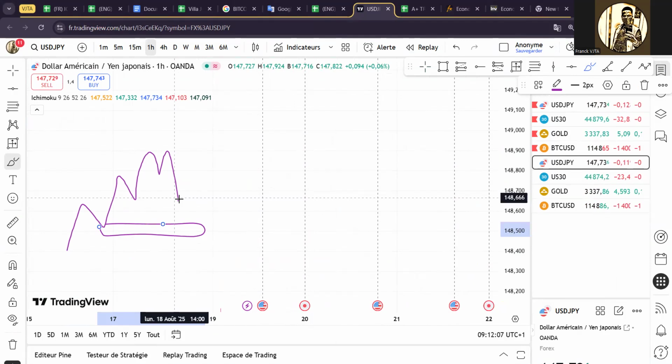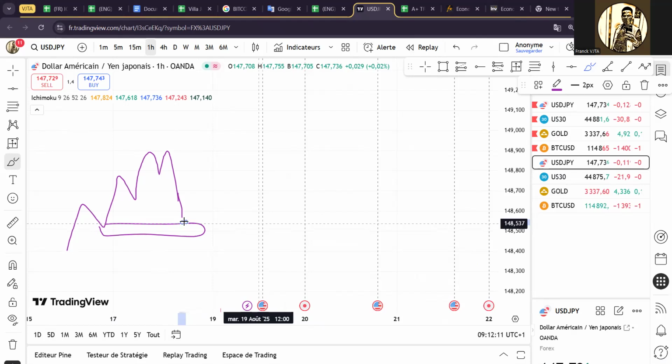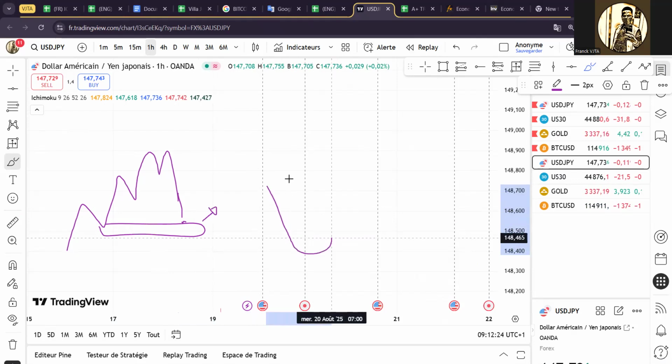When the price arrives and touches this zone, the speed that will make the price go to the upside from this cheap zone is this fast speed, because you know that the fast speed makes the price reverse to the upside.